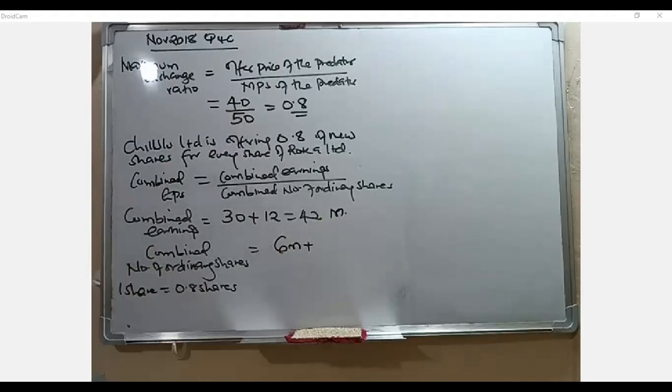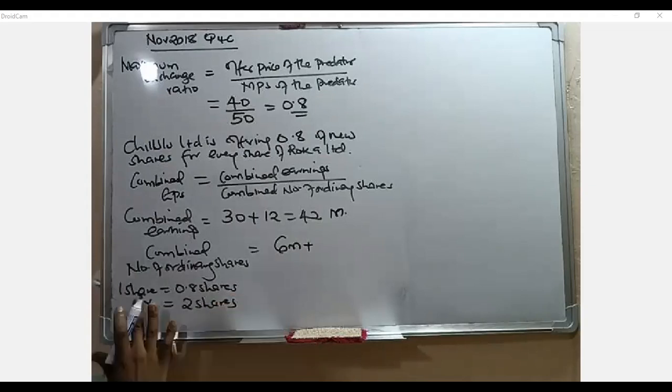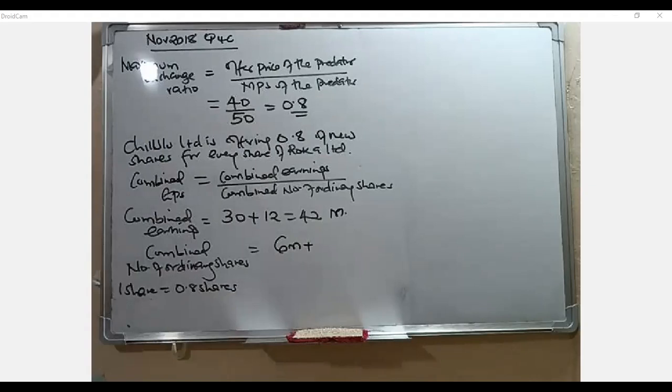What about the 2 million shares that Roca has? Remember they are in millions. Sorry, it should be the other way around: 1 share of Roca is equivalent to 0.8 shares of Chilulu.